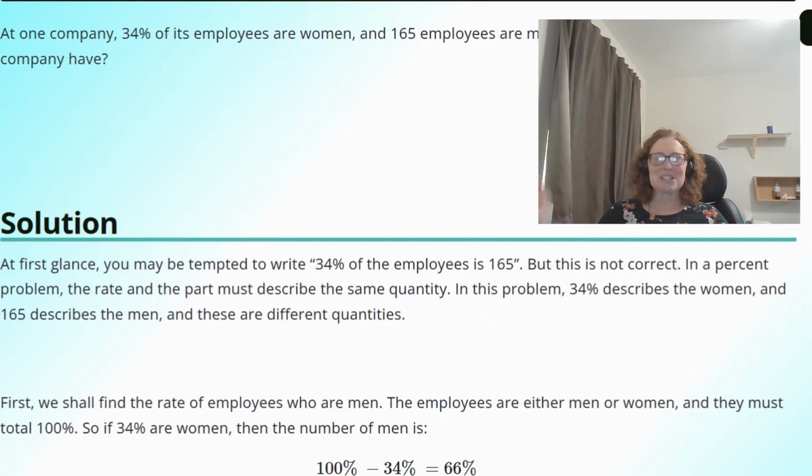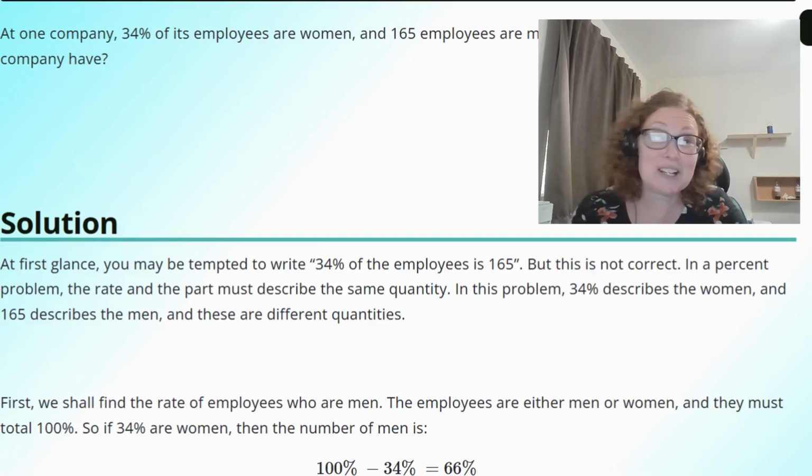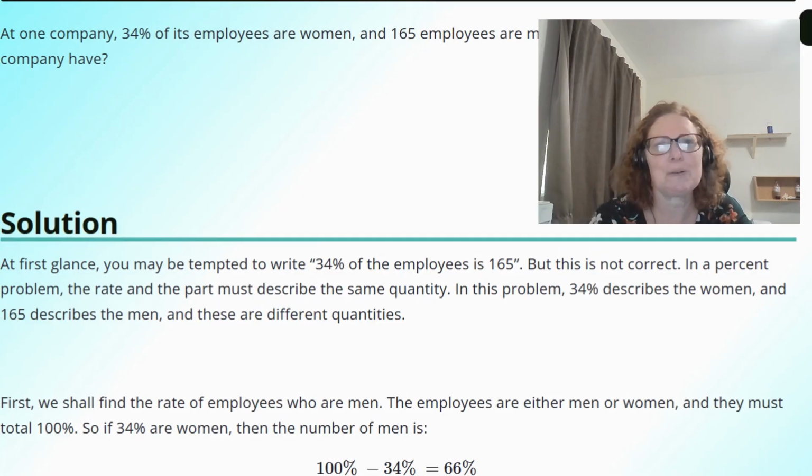No, because it's got 165 employees are men, but 34% of the employees are women. So again, we don't know the whole, do we? We don't know the base. We know that 165 employees are men, but we also know that 34% of them are women, but we really don't know yet how many total employees.